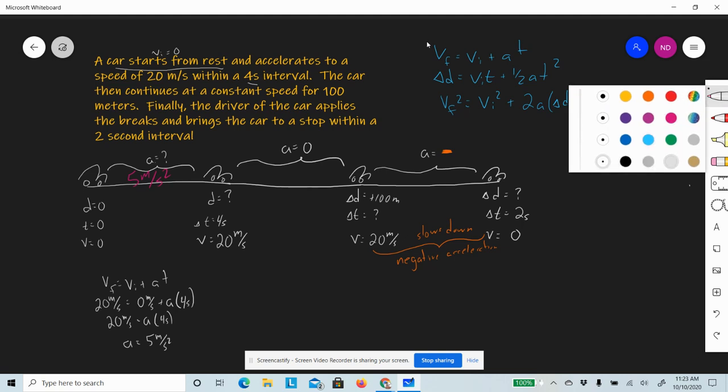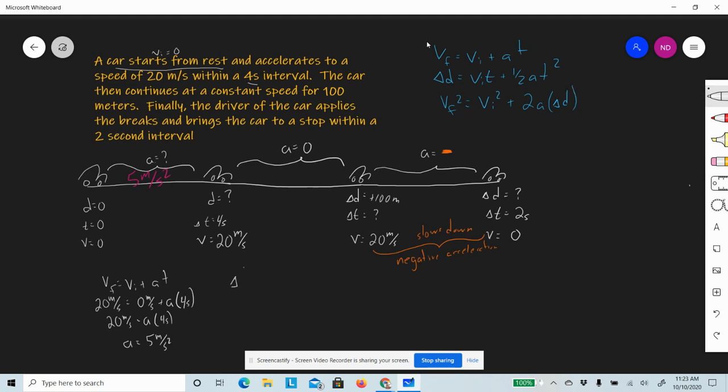Now let's see, can we figure out distance? Sure, we have two distance equations. Let's start with this first one. Change in distance equals ViT plus 1/2 At squared. We want to know distance.